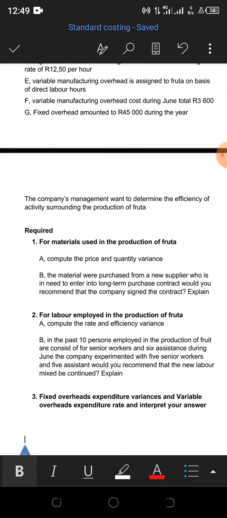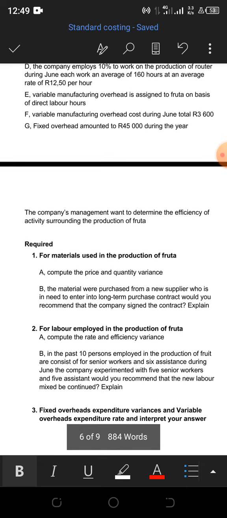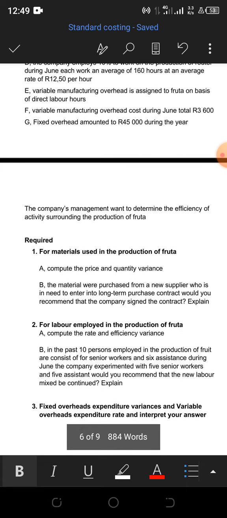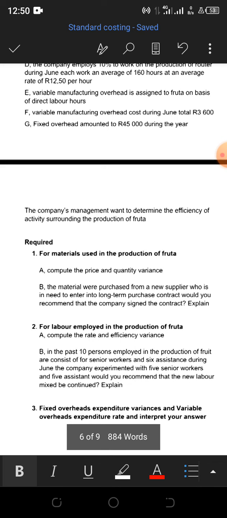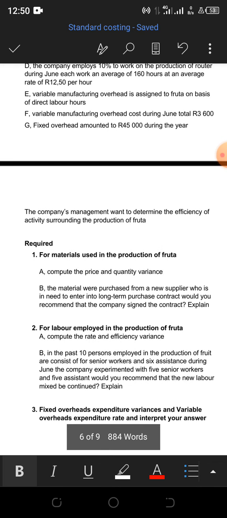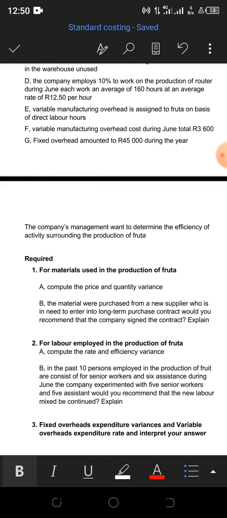So the difference between these two is that under material price variance, we have to calculate the entire amount of material that has been purchased, while the material quantity variance, we only focus on the material that has been used in the production. Okay, so now we firstly have to identify the formulas that we are going to use.